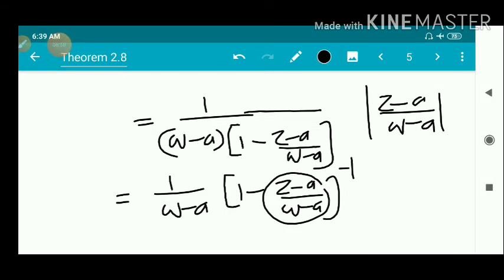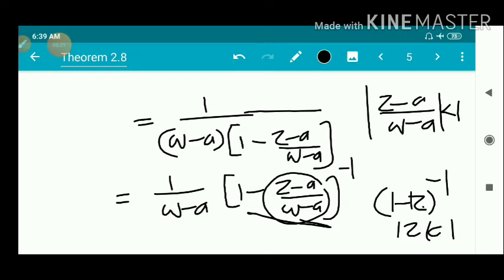Therefore mod (z minus a) by (w minus a) is always less than 1. So this is of the form (1 minus z) all raised to minus 1, and also here mod z less than 1. Here also mod (z minus a) divided by (w minus a) less than 1. Therefore we can expand it.